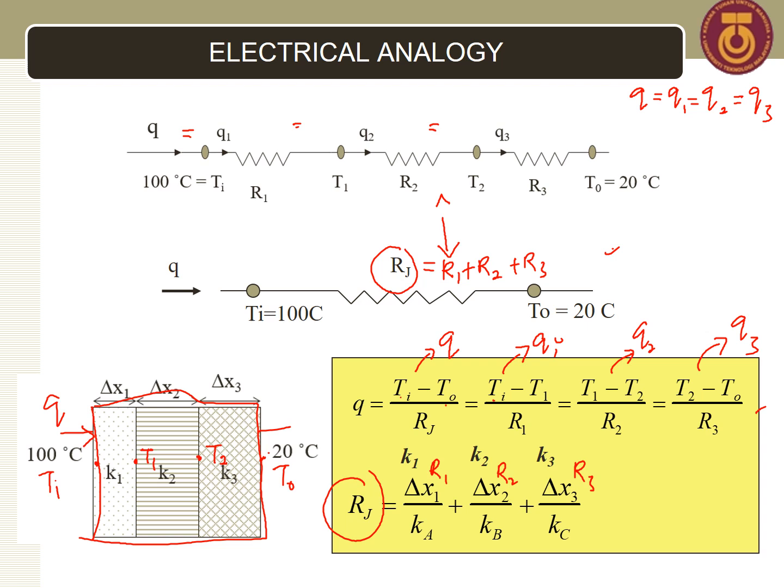One more important thing we can see from here is that now only Ti and T naught are given, but T1 and T2 are not given. But based on this equation, we can actually obtain T1 and T2. Let's take T1 for example.